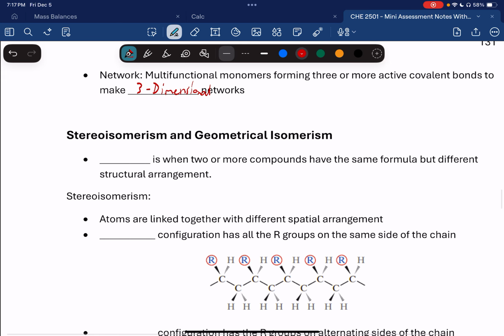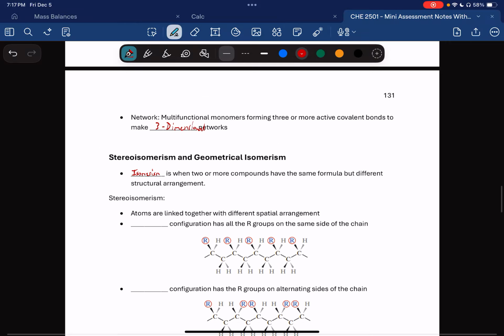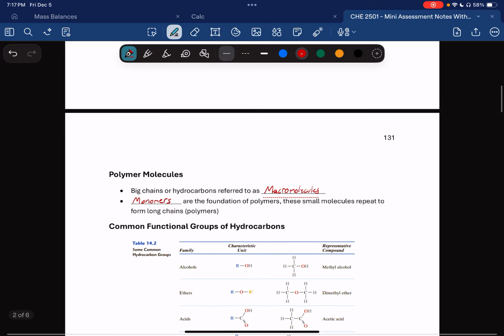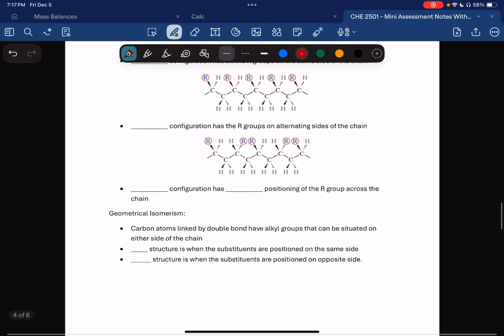Stereoisomerism and geometrical isomerism. This is a tricky fact that is in the nature of these types of molecules. Like we saw before, isomerism is when two or more compounds have the same formula but different structural arrangement. We saw that with butane, and I gave a little example up here.